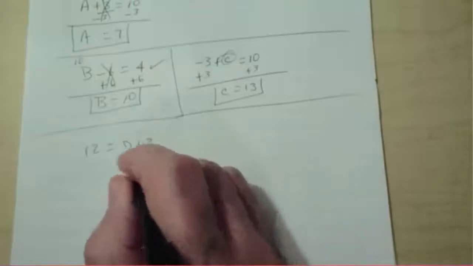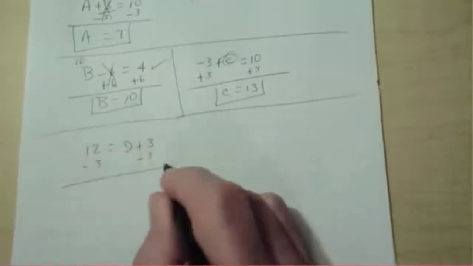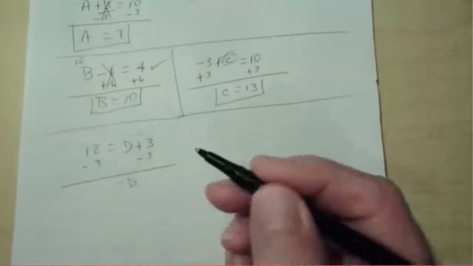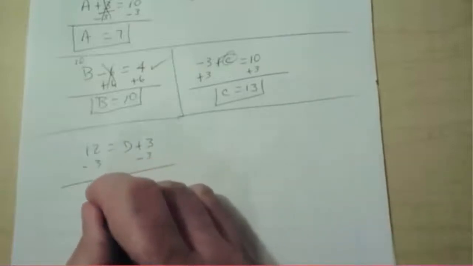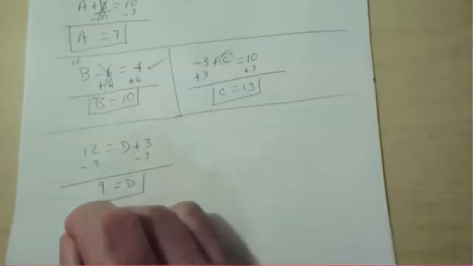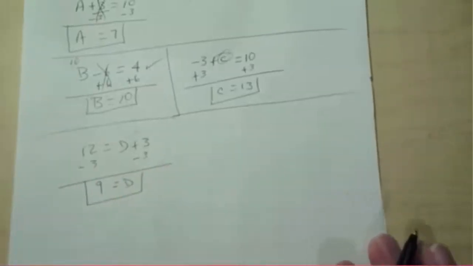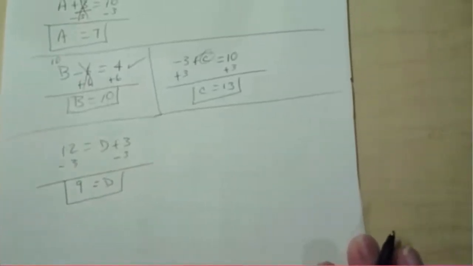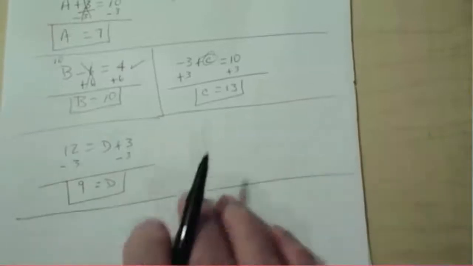We're going to subtract 3 from each side. d is, what is it, 9? Okay. Now, that's addition and subtraction. What about multiplication, division?